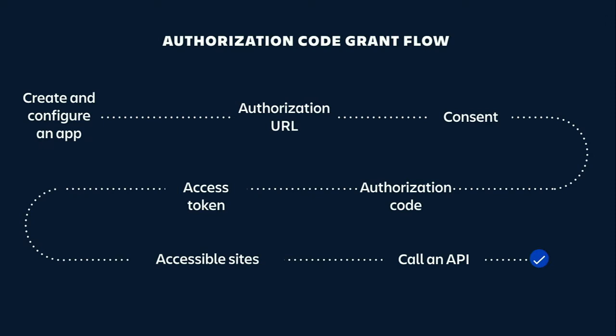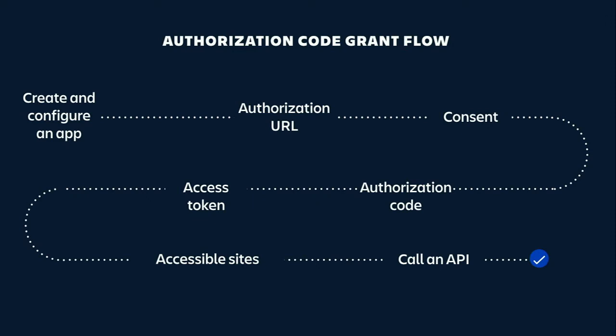Okay, so let's expand this a bit. So now we are looking at all the steps you have to complete to build a simple app. First, we'll be creating an app in app management in developer.atlassian.com, and then once we have an app, we have to create an authorization URL.